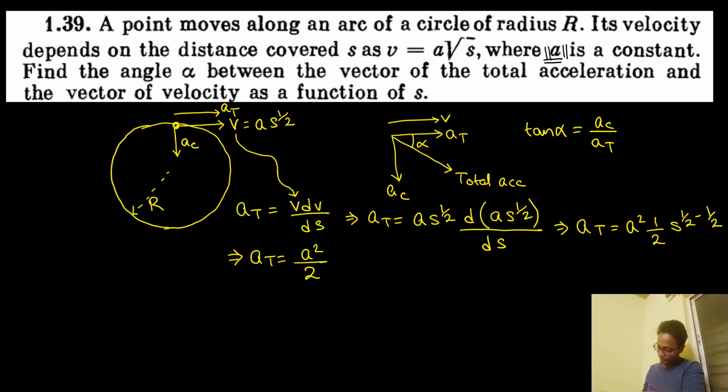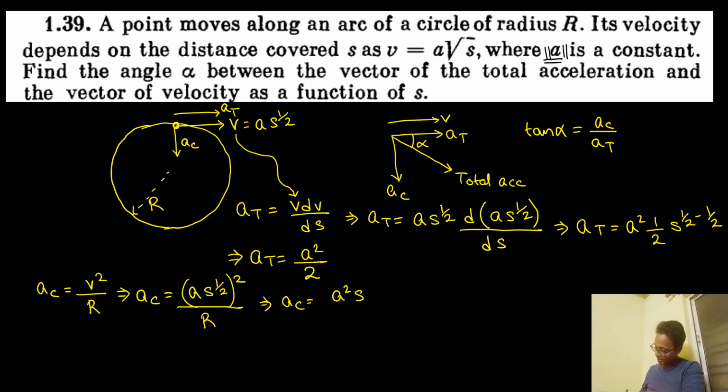Now what is the value of centripetal acceleration? It is nothing but v square by r. What is the value of v? The value of v is a s to the power 1 by 2, whole square, divided by r. So centripetal acceleration is equal to a square s by r. Now if I apply this approach, tan alpha is equal to centripetal acceleration divided by tangential acceleration.